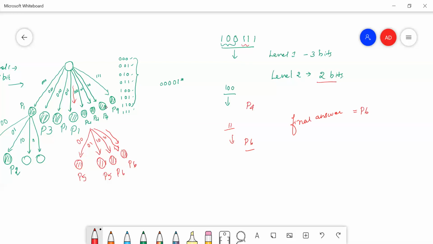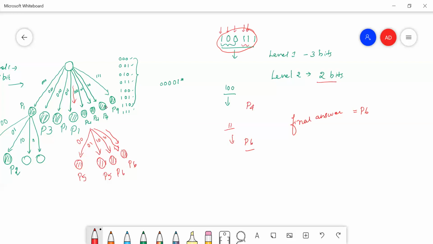Okay, so here from this fixed stride multi-bit trie, you can always see that the number of memory accesses required is just 2. Okay, so when you have to do the same with a normal binary trie, because it is single bit by bit inspection, the number of memory accesses is 1, 2, 3, 4, 5.